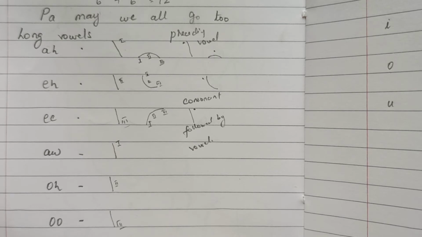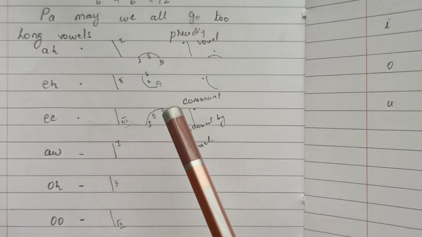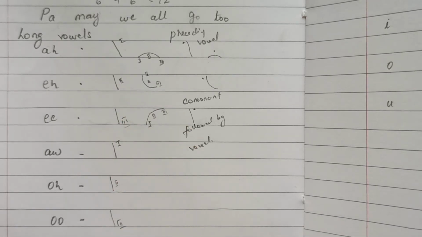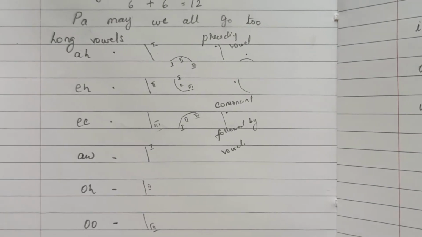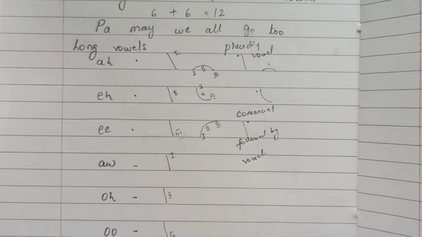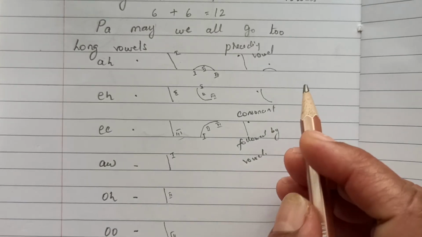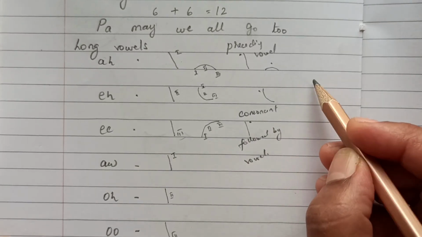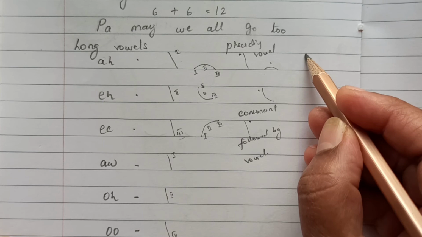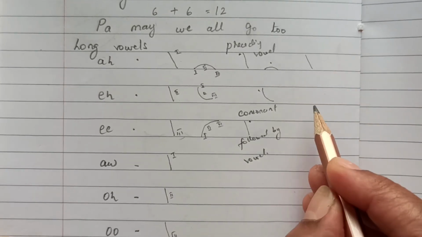Now, once you know the place of marking the vowels, we shall go for the consonant. Even in consonants, we have three different places. For the first place vowel, we will write a consonant above the line.